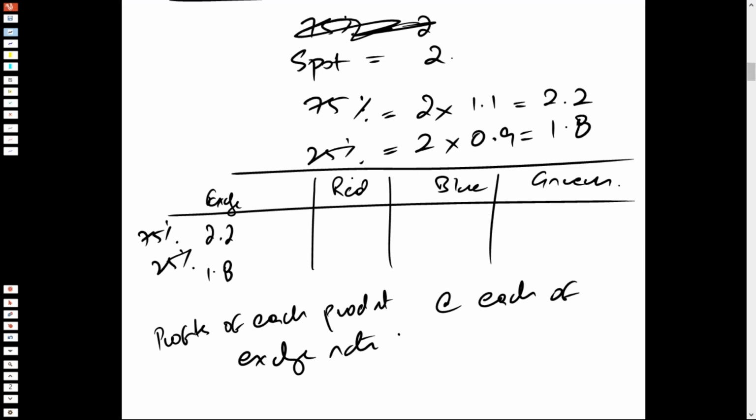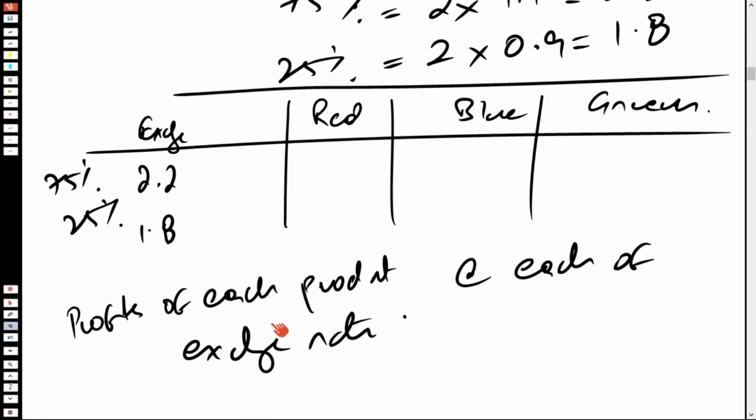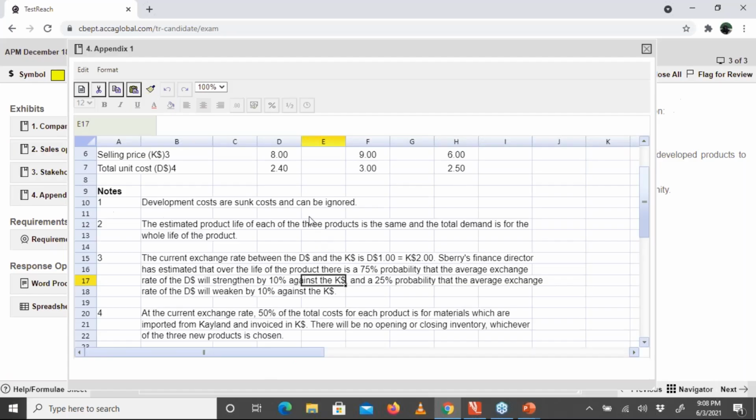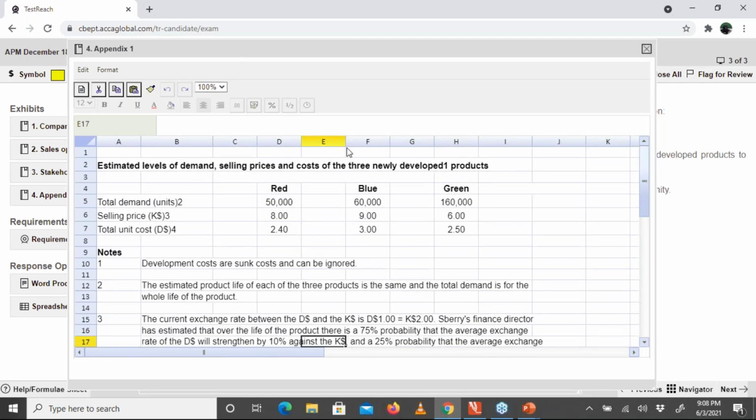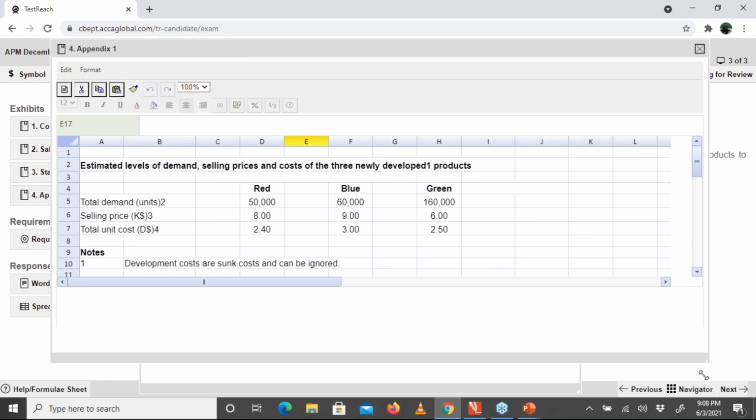Now, what I want you to do, I repeat, is to try and calculate the profit of each product at each of the exchange rates. That is when the exchange rate is 2.2 and when the exchange rate is 1.8. I want you to calculate the profit for each one of them.